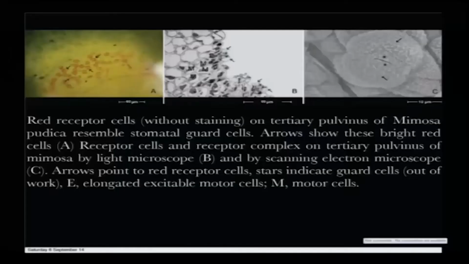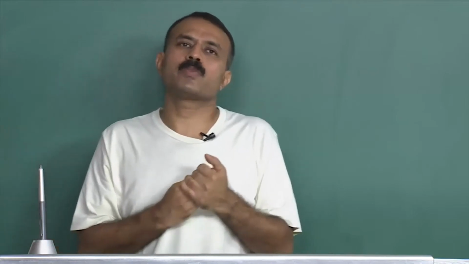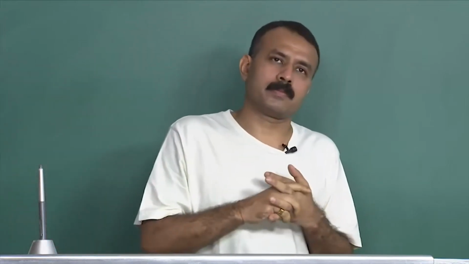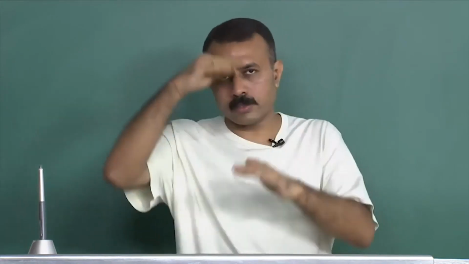touching the leaf. If you look at the cross section of a leaf, you will observe certain very specific cells called red receptor cells. On the surface of the plant, if you take a section, you will see very specific structures called the guard cells, which regulate the movement of water inside the leaf and outside the leaf.